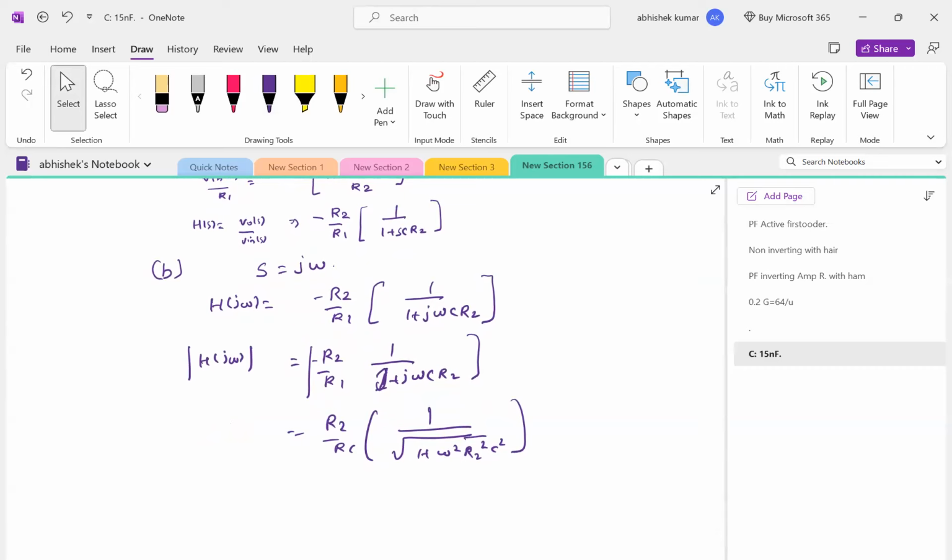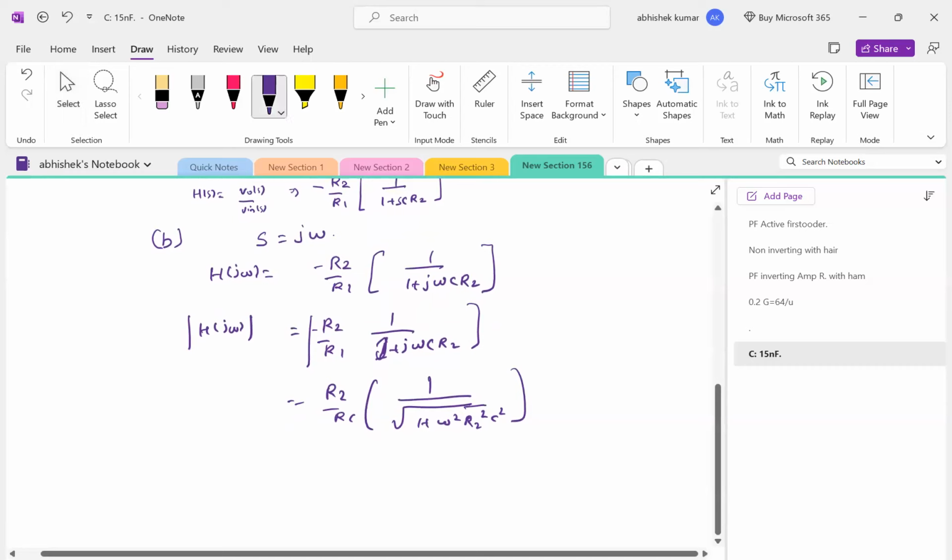That is like x, and here x is 1. So y square is omega C into R2 whole square. And since R2 and R1 are only the magnitude term or only the constant term, we are taking it as a positive term, because anything that comes out of the modulus will be positive only. Is it fine for you? Yeah, clear. Okay.